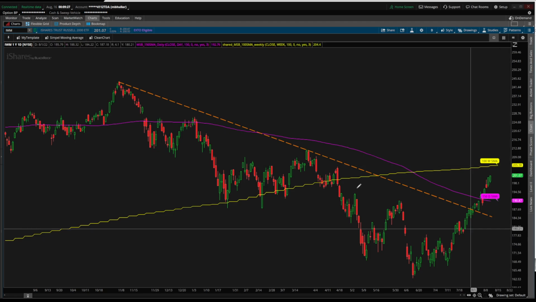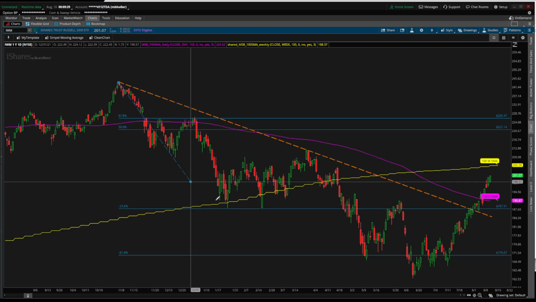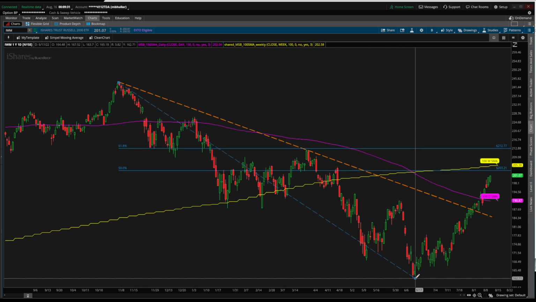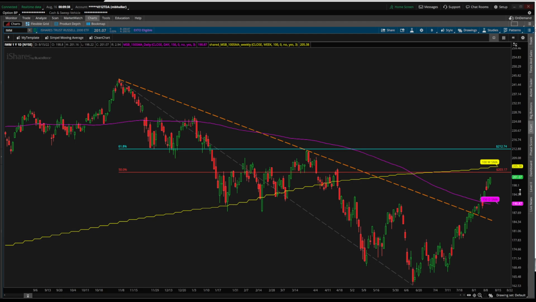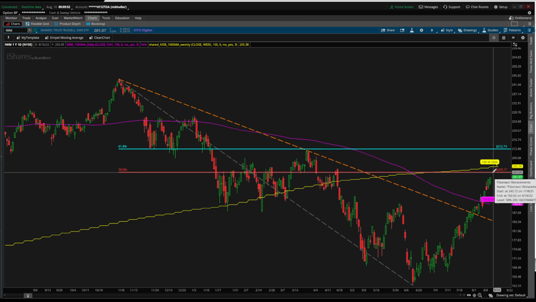We'll again draw the fib levels, exactly the same way as we drew them for the previous two indices. You can see the chart is somewhat similar to the Qs, where we haven't hit the 50% retracement, which comes at 203. So there's a decent chance, given the slightly upward bias the market has, that we get to this level.